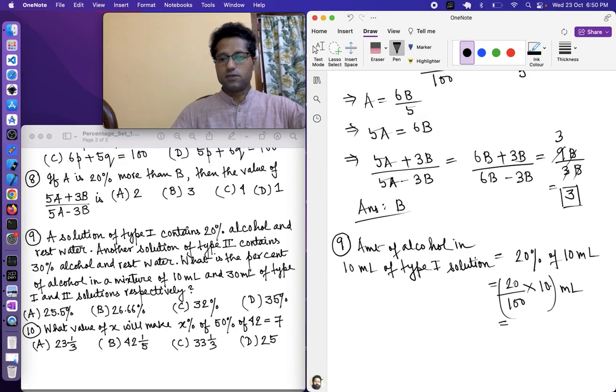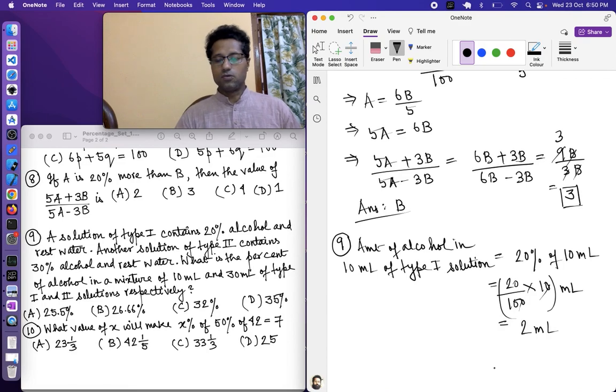This after simplification is 2 ml. So in 10 ml of type 1 solution we have 2 ml of alcohol.